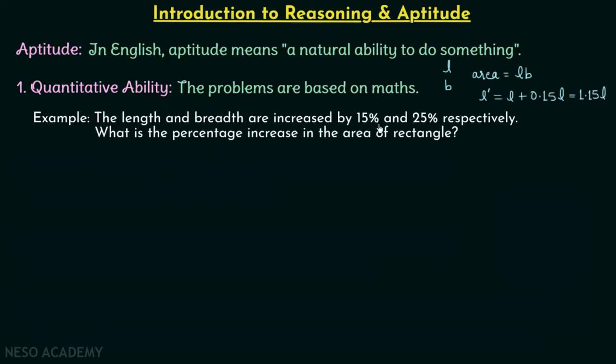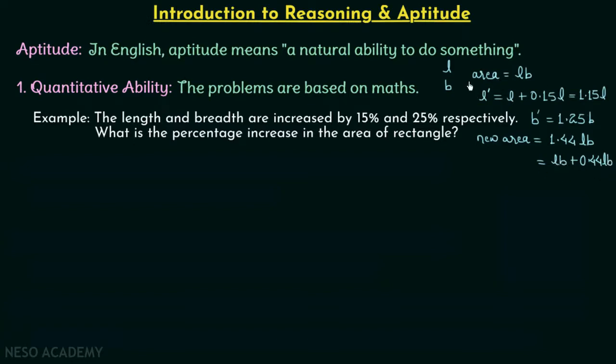Similarly, the breadth is increased by 25%. So the new breadth B prime is equal to 1.25 the initial breadth. Now the new area will be equal to the new length multiplied by the new breadth. So we have 1.15 L multiplied by 1.25 B, and this will be equal to 1.44 L multiplied by B, or we can say it is equal to LB plus 0.44 LB.